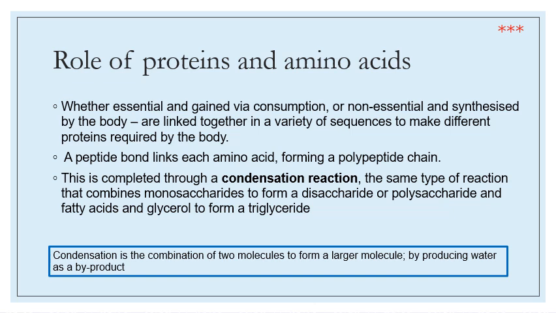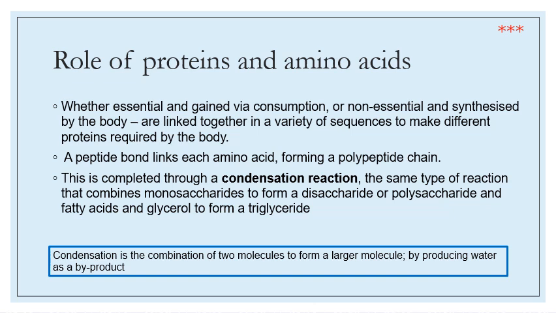This is completed through a process called condensation reaction, which is the same type of reaction that combines our monosaccharides to form a disaccharide, or a disaccharide to a polysaccharide, and also the same process of creating our fatty acids and glycerol chains to form our triglycerides. The good thing about our bodies is once something works, it tends to stick with it.